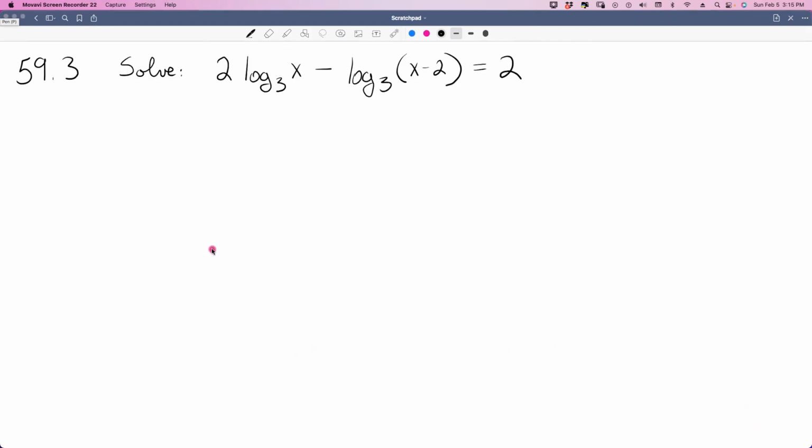So here's the next problem, 59A. We're going to solve this equation with our log base 3. So the first thing we're going to do is use the quotient rule and rewrite this. First of all, we would move this coefficient to here. So the first part is this. We do this.